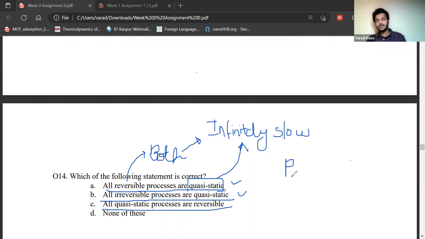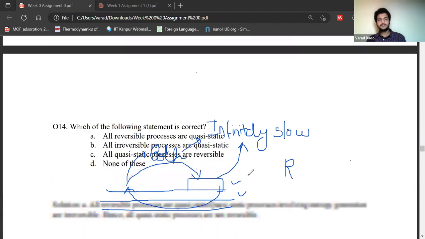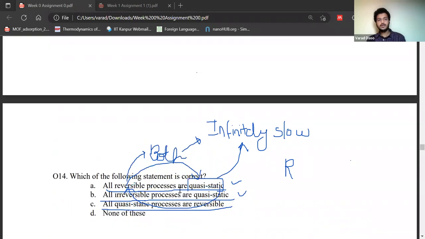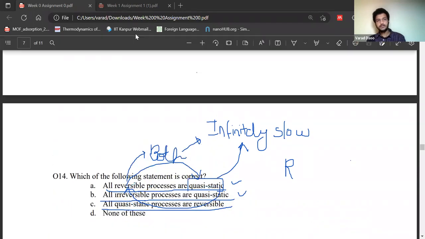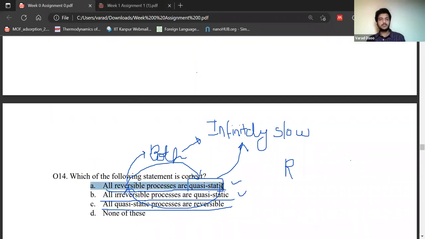So hence we can say all reversible processes are quasi-static processes, but all quasi-static processes are not reversible. There can be an irreversible quasi-static process. Okay, the answer is option, you guessed it correctly, it's option A. All reversible processes are quasi-static processes, where the reverse is not true.